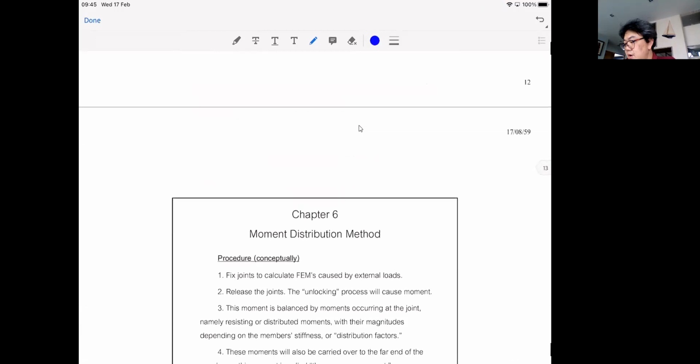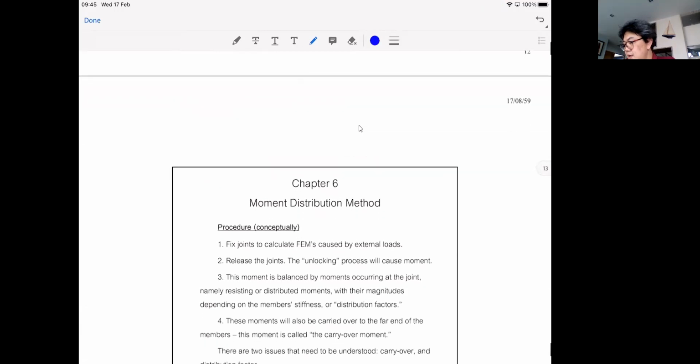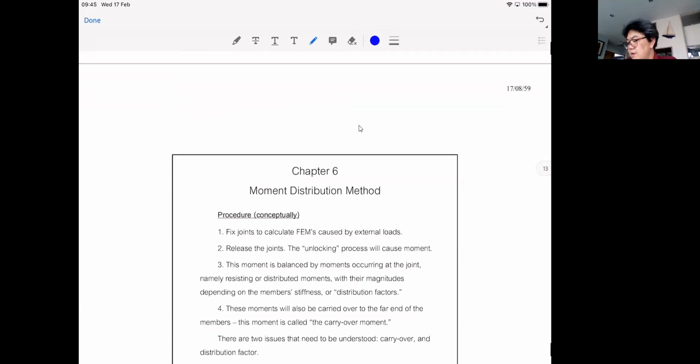Now, the concept of this: if you can recall the slope deflection, we have three kinds of moment, right? We have moment due to joint displacement, moment due to joint rotation, and moment due to fixed moment.